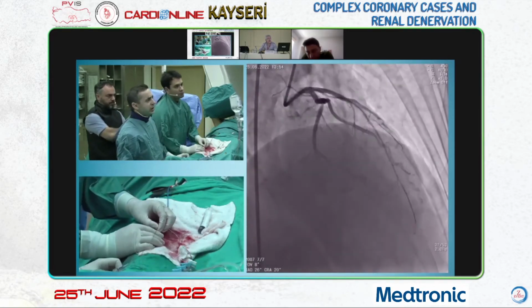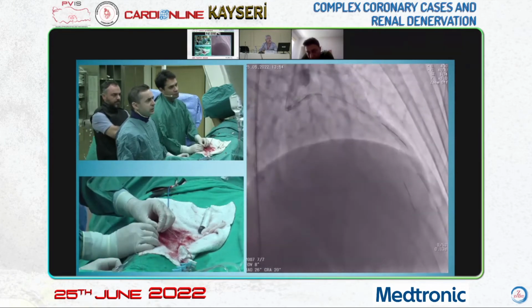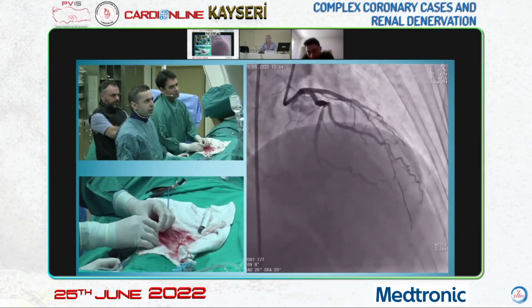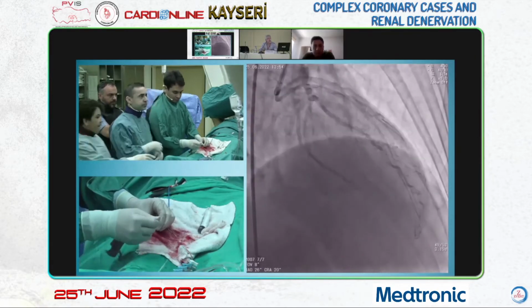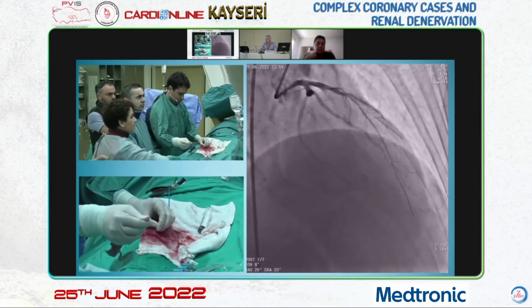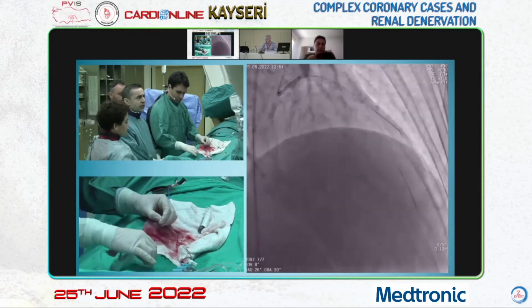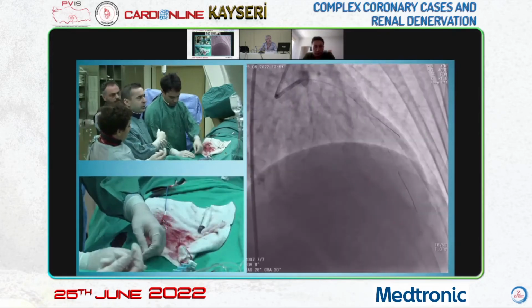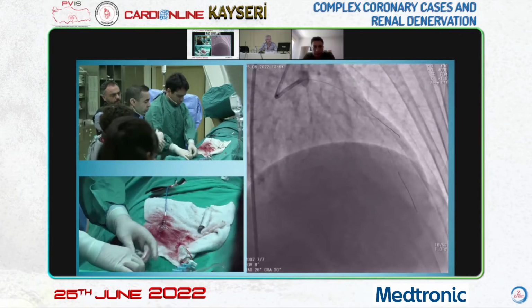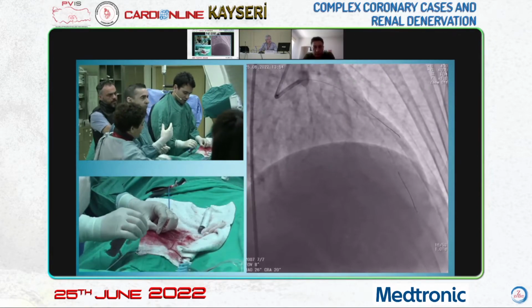Okay, actually, the vessel is better now. We can do an IVUS to understand what happens. In fact, this case is ideal for a drug balloon.